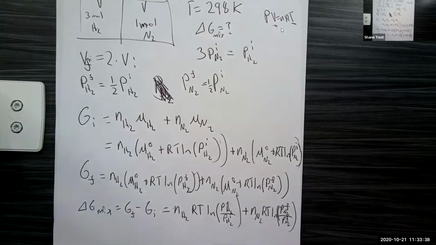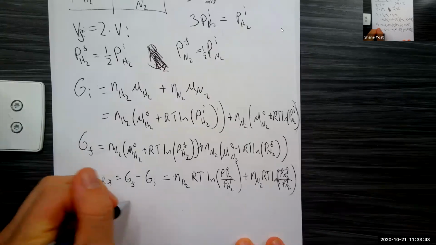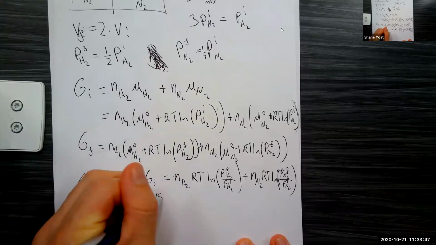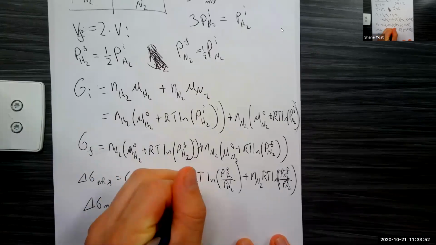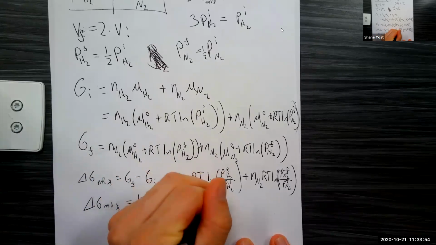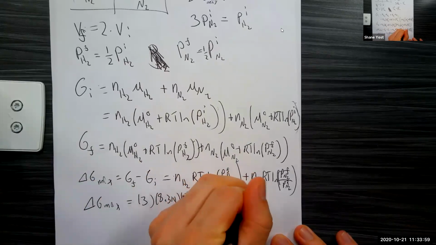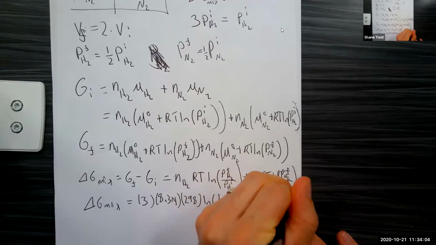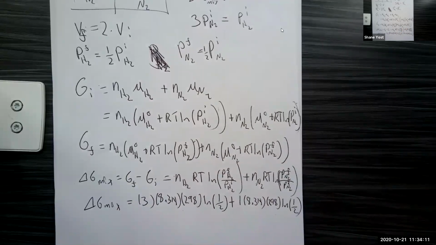So delta G of mixing is just equal to the number of moles of H2, which is 3 moles, times R, which is 8.314, times temperature, 298 Kelvin, times the natural log of 1/2, plus 1 mole times 8.314 times 298 Kelvin times the natural log of 1/2. Plugging in those numbers will give us that free energy change of mixing.